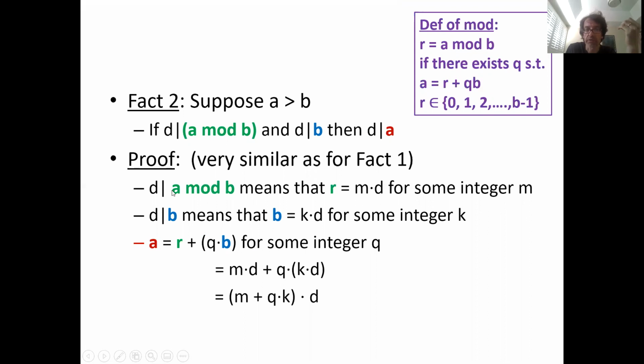So if D is a divisor of this remainder, A mod B, which is R, then R is some multiple of D. And this again means that B is a multiple of D. And because A is a linear function of B and a remainder, with integer coefficients, whatever divides both the remainder and B must also divide A, the same as the previous slide.